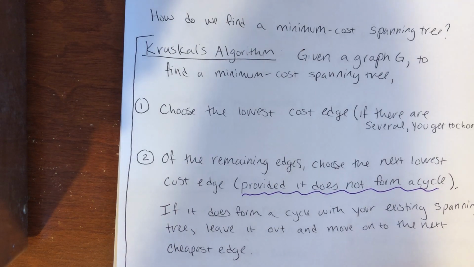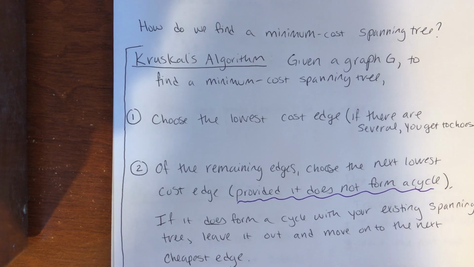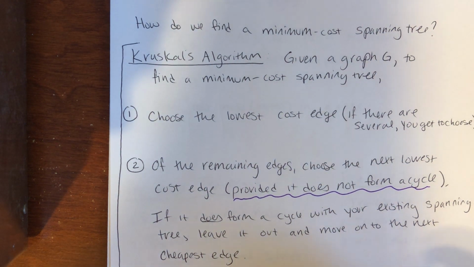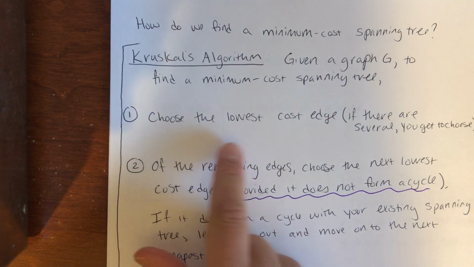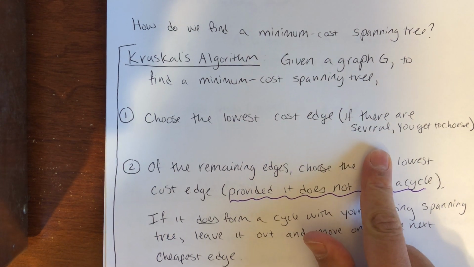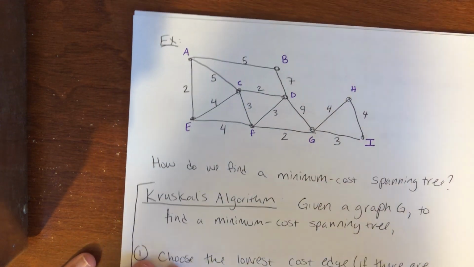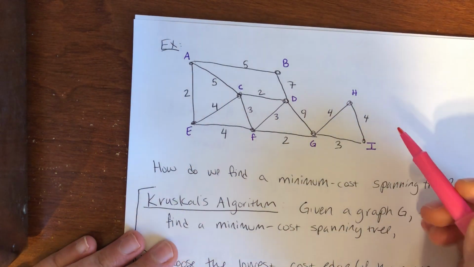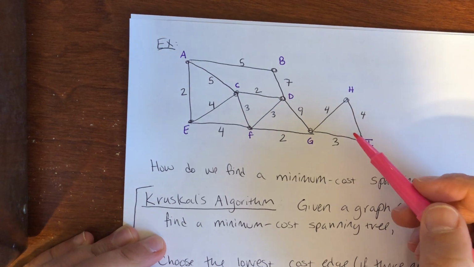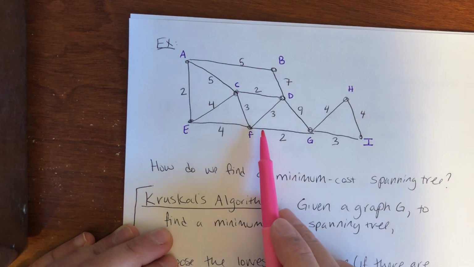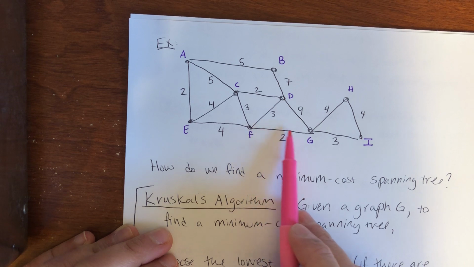So Kruskal's algorithm says if you want to find a minimum cost spanning tree, you need to follow these steps. First thing you do is you choose the lowest cost edge. And if there's more than one, you get to pick whichever one you like. So I'm going to come back up here, and I'm going to find the lowest cost edge. Actually, there's a few of them, right? 2 is the smallest cost out of all of these edges.